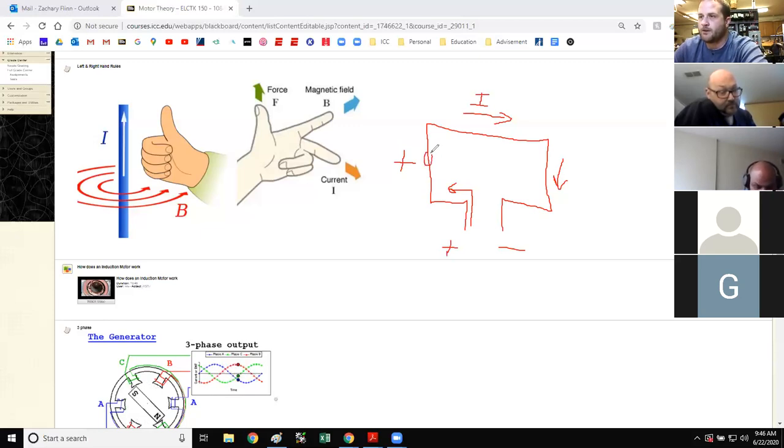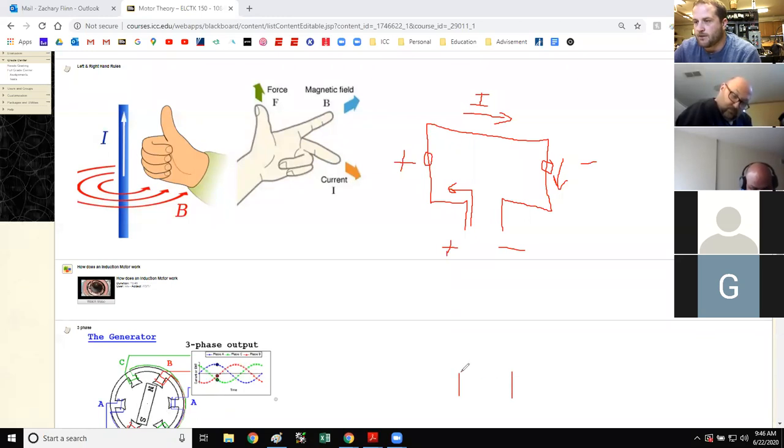Over here, you have a different direction of magnetic field than you have over here because the current's going in different directions, right? So that changes the left-hand rule, making the force on the right-hand side go down or away from you. So if I can draw this like three-dimensionally, I'm going to have the same plus and minus.